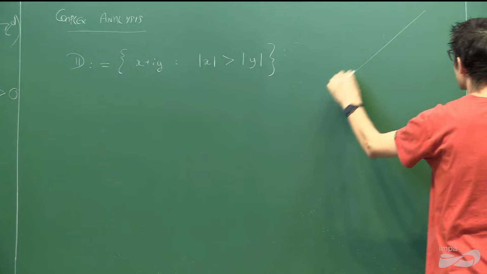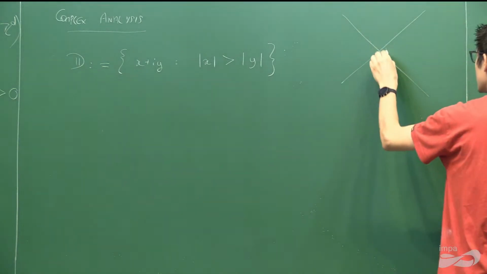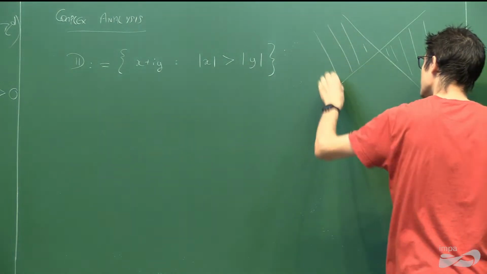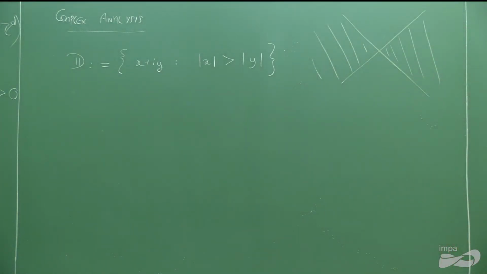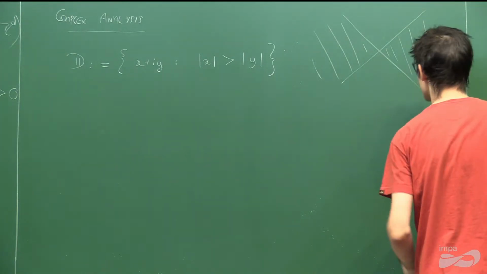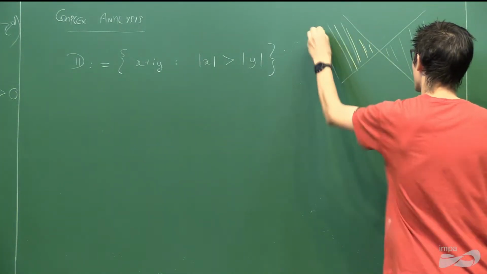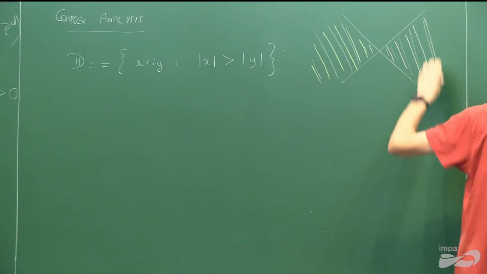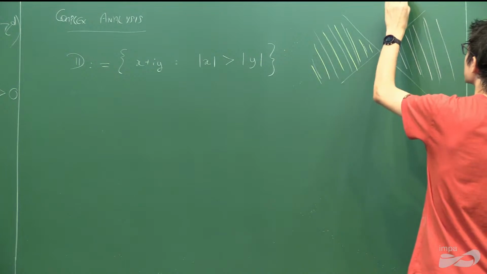So D is this H-shaped region of the complex plane. Okay, and well, let's separate it in two. We call the red region D plus and the other one D minus.